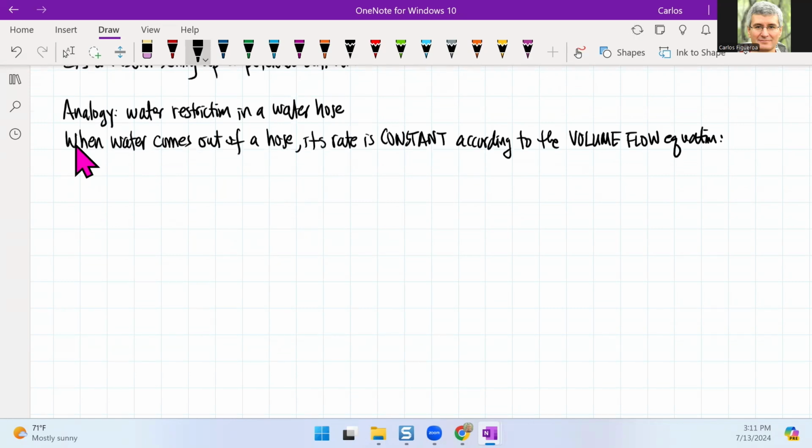And it's really just saying that this is what we mean by water current.